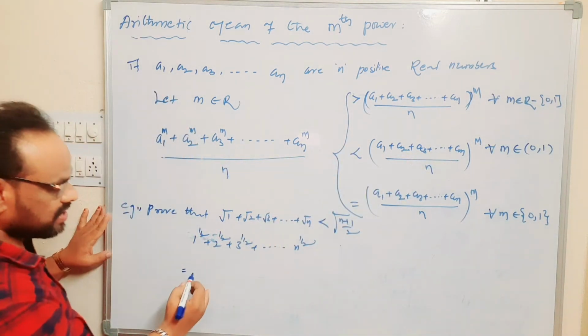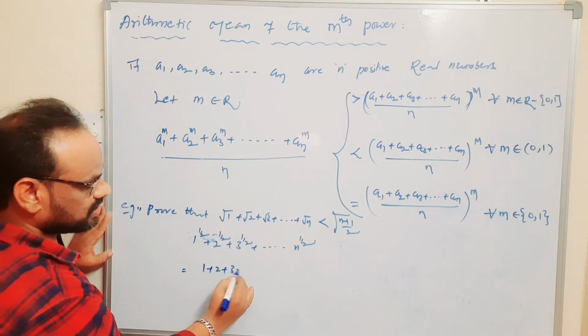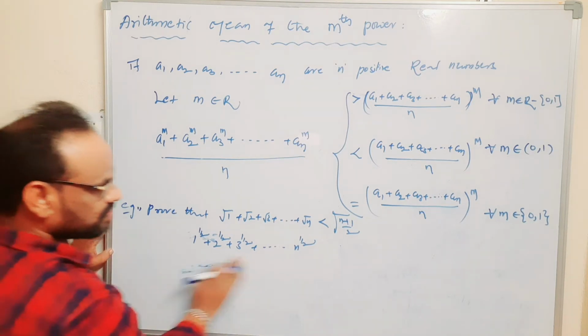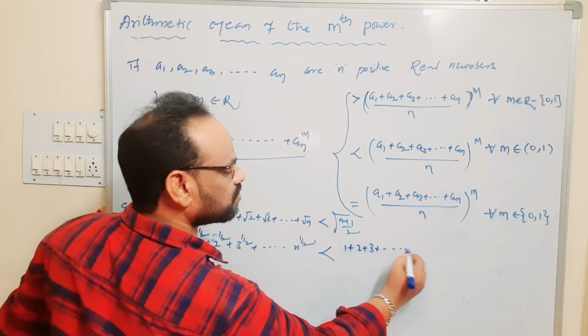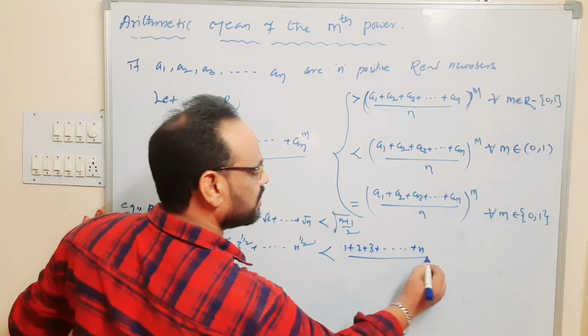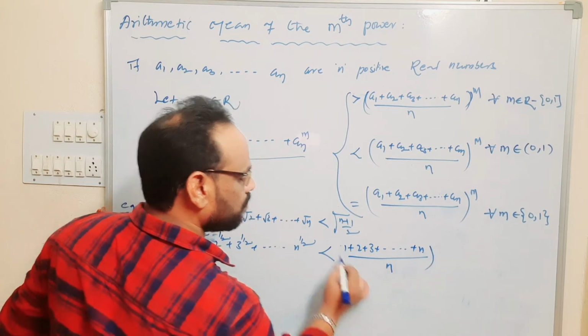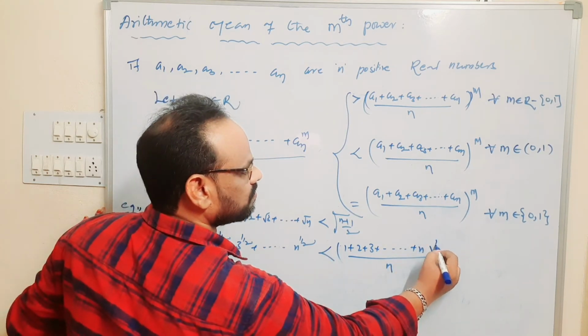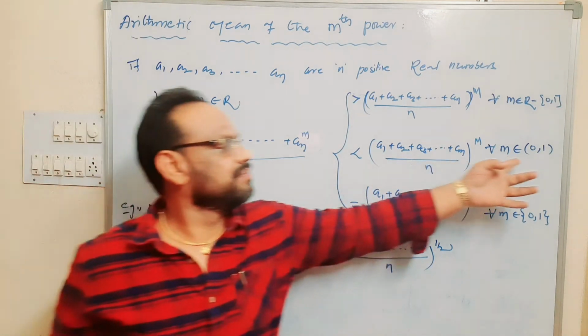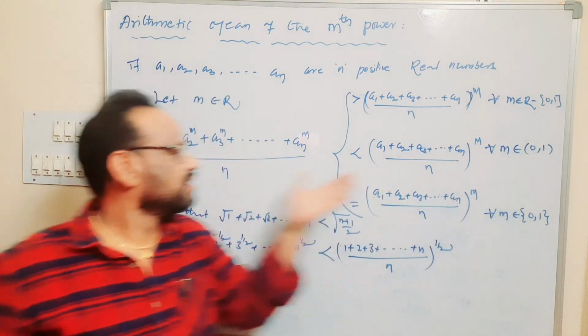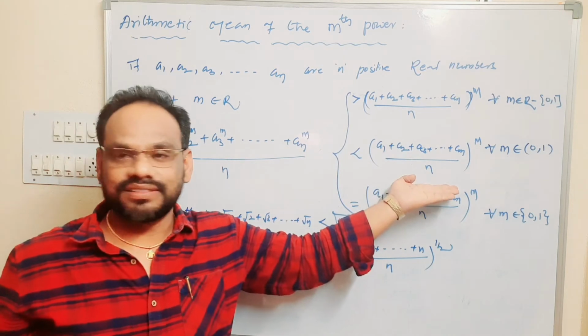So this is less than (1 plus 2 plus 3 plus and so on plus n) by n, whole power 1 by 2. Here the m value lies between 0 and 1.